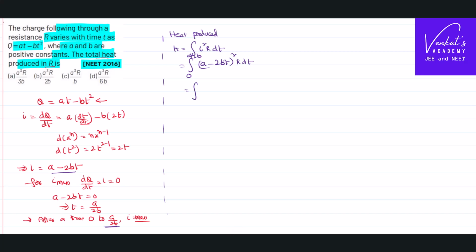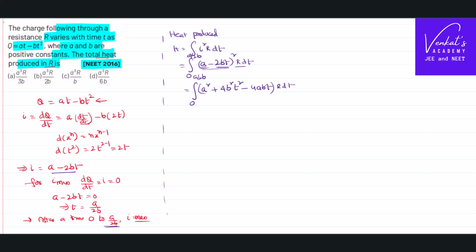I will apply the limits at the final stage. This is A minus 2Bt whole square, that is A square plus 4B square t square minus 2 into A into 2Bt, that is 4ABt, all of that times R dt, where limits are from 0 to A by 2B.